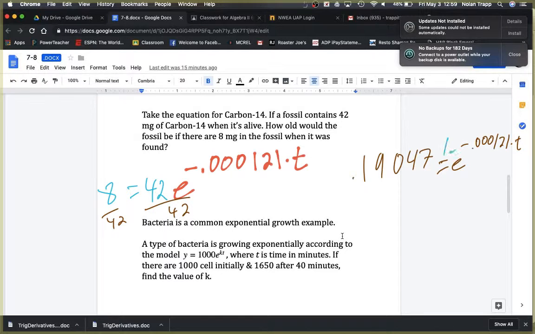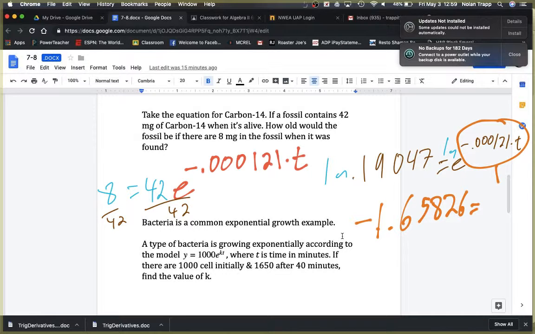How do I get rid of E? ln. I'm going to do it on my calculator here. That equals negative 1.626, equals just this.